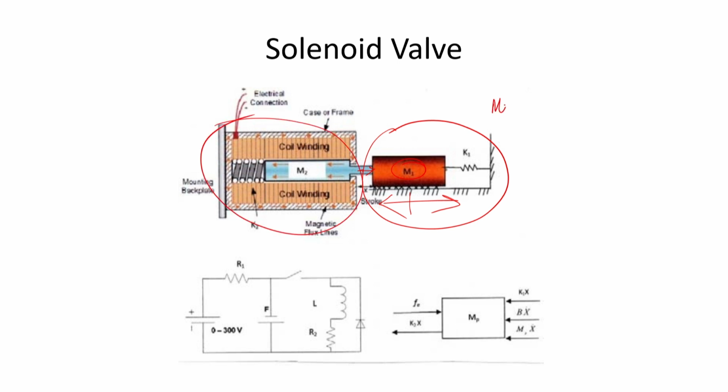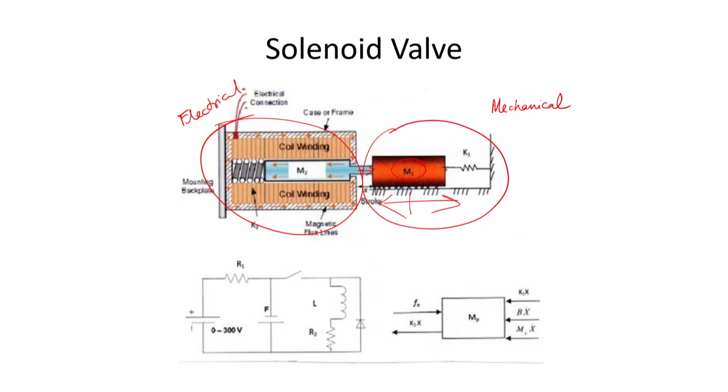The two systems have to cross talk with each other in order to get optimal performance. So, the solenoid valve has both of these properties inside, and a good combination of the two can ensure good performance of the system.